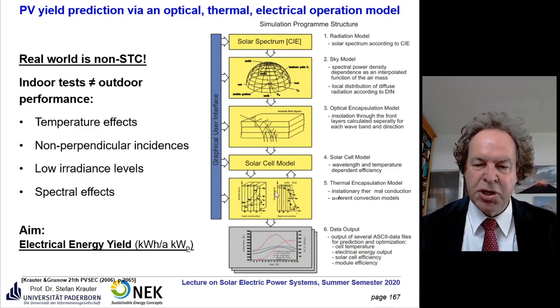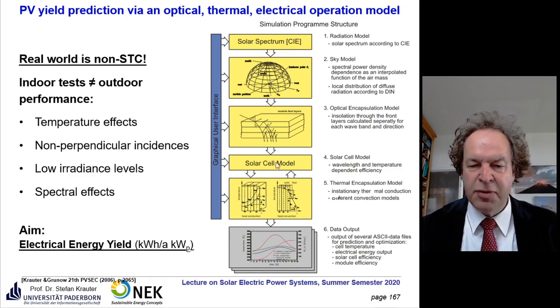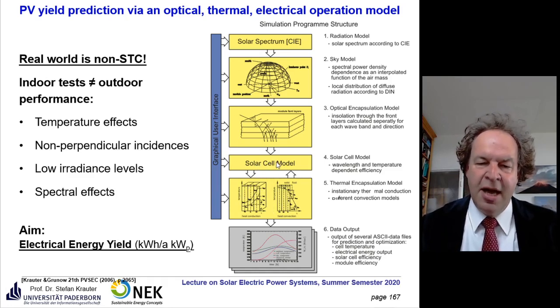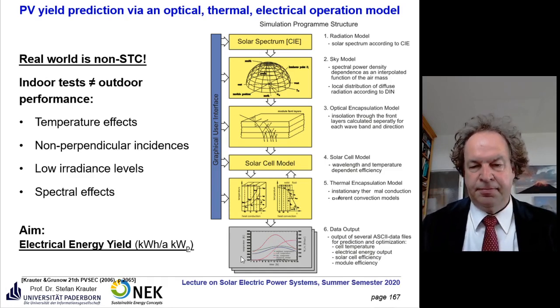That means temperature and so on. So this is an iterative process, so you always have to keep up with the temperature. And then I could calculate the actual electricity output of this cell, which you see here in the gray zone.